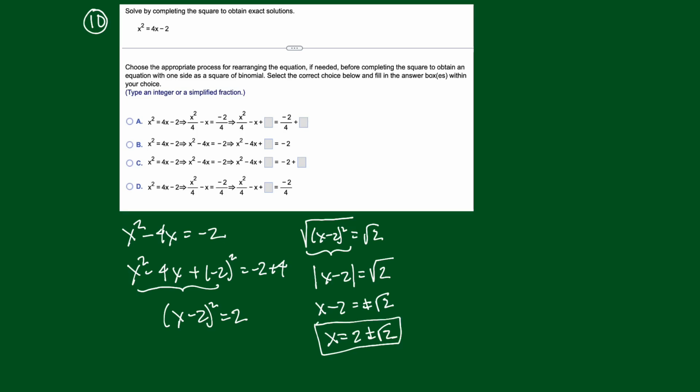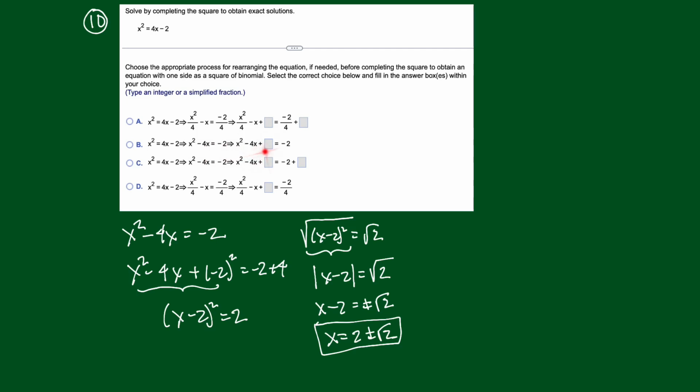Now, which one of these up here are we going to select? Well, what are we doing? Well, the first one divides by 4. We're not going to do that. This one, that's what I think we want to do, right? We're going to subtract the 4x. So we got a chance here. And what are we going to do?